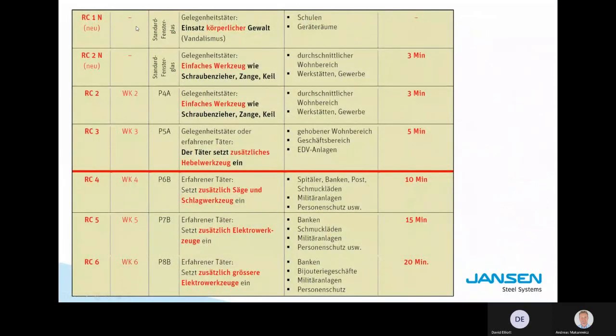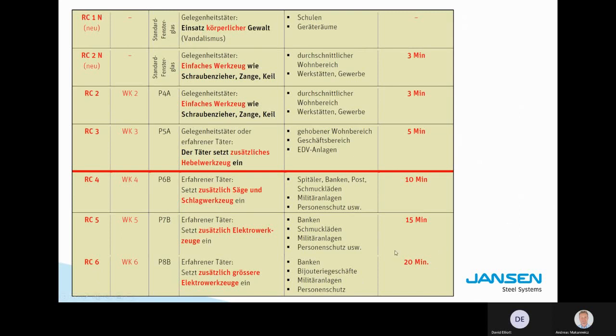Sorry, this is in German, but I will just explain to you the logic behind it. The classes increase, so RC1 is basically just no tools. Your shoulders, your body weight. This is the lowest class, and the highest class will allow tools like angle grinders, axes, sledgehammers, drill machines, breakers, and so on.